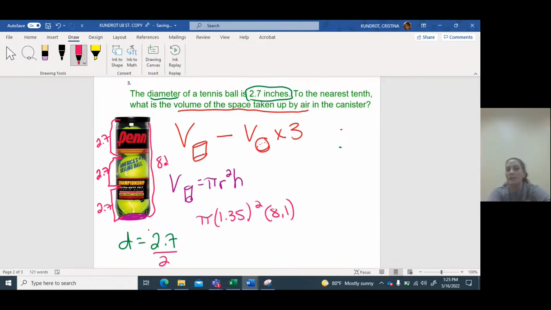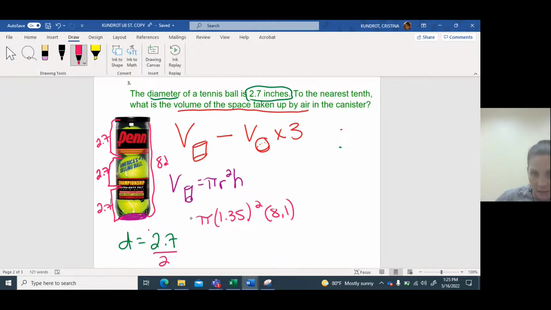So now, guys, all we have to do is just use our calculator. And it is very important that when you're using your calculator, you know to do PEMDAS, okay? Your calculator does not. So when you are entering this in, you need to do 1.35 squared first. Then you're going to multiply that by the pi symbol, and then you're going to multiply that by 8.1.